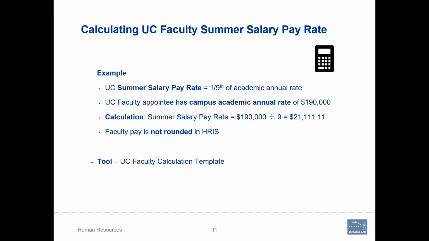We take the faculty campus academic rate, say of 190,000, divide it by 9, and that will give you your monthly rate. Faculty pay is not rounded in ATRIS, so if it's 11 cents, you want to add that 11 cents in there. And we do have a calculation template, which I think a lot of you have seen already, but I'm going to give you a demonstration on it in a few minutes.